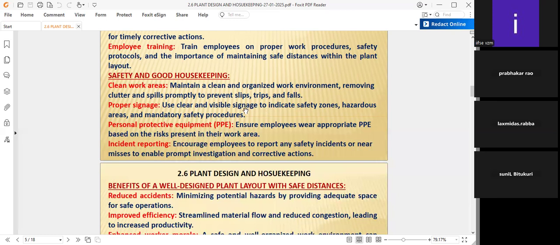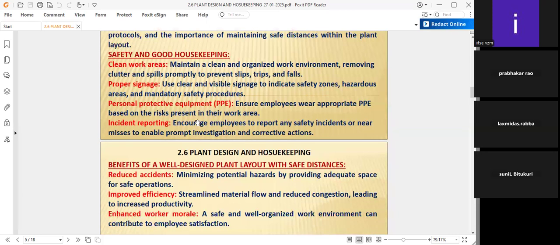Of course, nowadays all organizations take care at the security gate itself, playing a 15-minute video to educate. But suddenly they cannot recall it immediately, and cannot think which way to go. If there is proper signage, a visitor or newcomer will definitely be taken care of. That is also important in safety and good housekeeping.